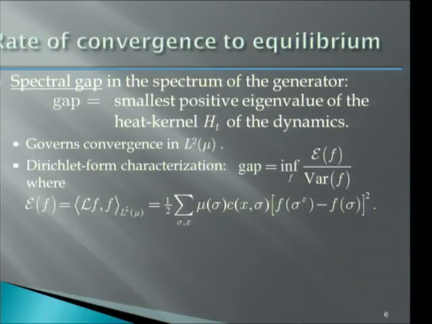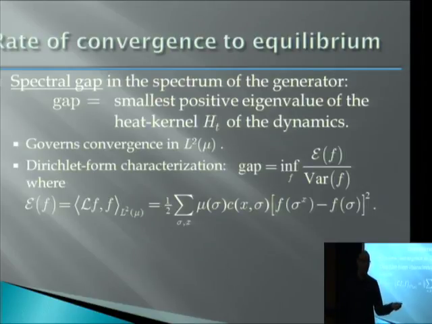Let's ignore these formulas and think about the simpler discrete time setting. In the discrete time setting of a Markov chain, you have a transition kernel of this chain, which you keep applying. This is a stochastic matrix. You can look at its spectrum. The leading eigenvalue will be 1, right? It will correspond to the trivial eigenfunction.